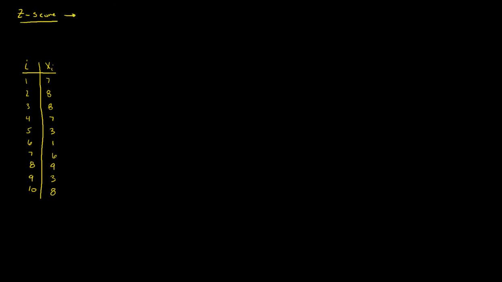The way I like to think of a z-score is just the number of standard deviations the raw score in your data set, or any raw score you could say, is above (positive) or below (negative) the mean.